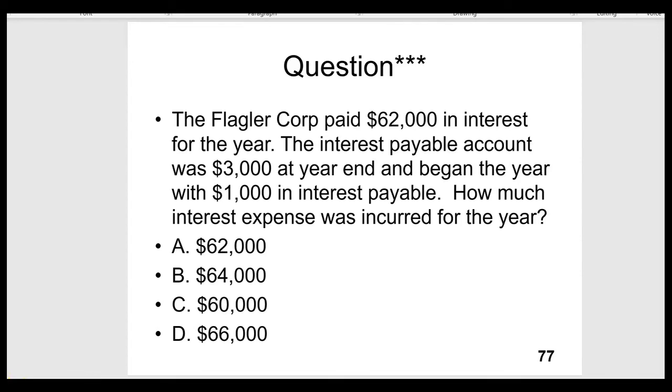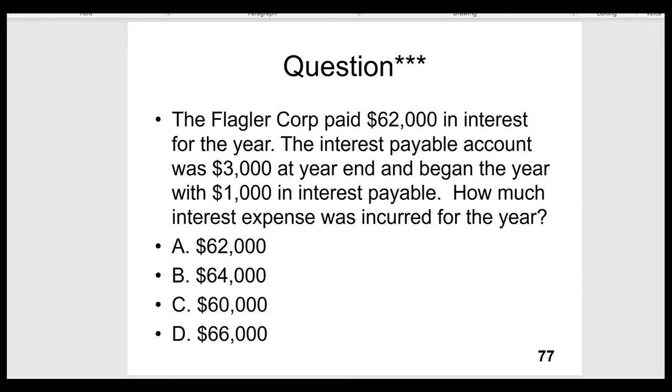So the $1,000 is already in the $62,000 figure because it was paid this year, but it was incurred last year, so it's not this year's expense. So take the $1,000 out of the 62 because you don't want to know what was paid this year. You want to know what was incurred this year. What's the interest expense incurred this year? And the $1,000 was incurred last year. So take the $1,000 out, you're at $61,000.